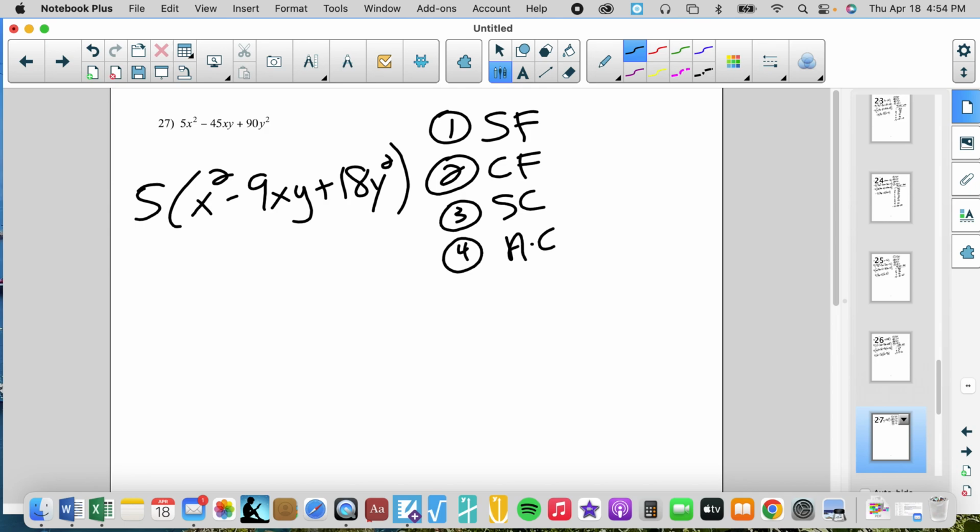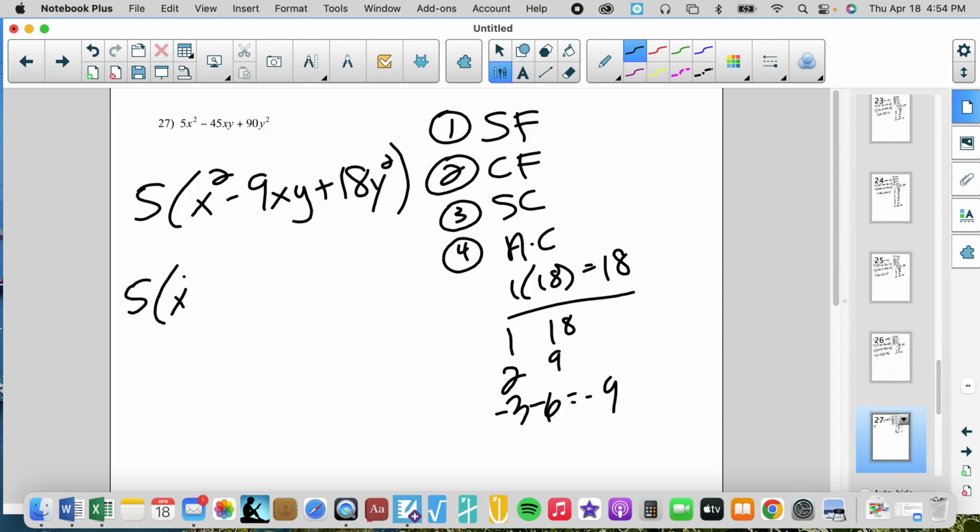A times c, 1 times 18 is 18. 1 and 18, 2 and 9, 3 and 6. Signs are the same, both are negative. Makes my negative 9. 5 times the quantity x squared minus 3xy minus 6xy plus 18y squared.